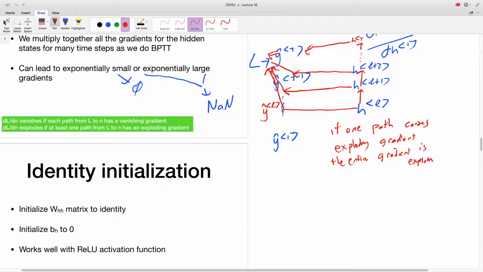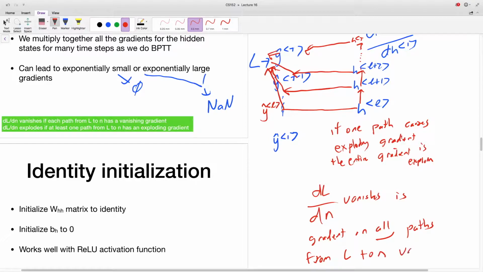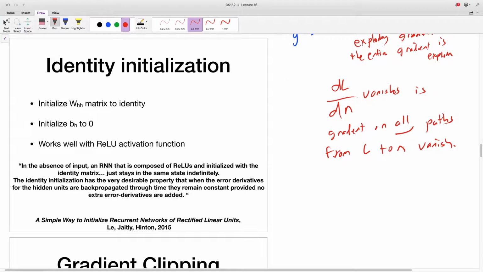So dL, let's just say N for a neuron, vanishes if the gradient on all paths from L to N vanish. Okay? And that's going to be key for how we're going to try to address the vanishing gradient problem. Any questions on the problem?